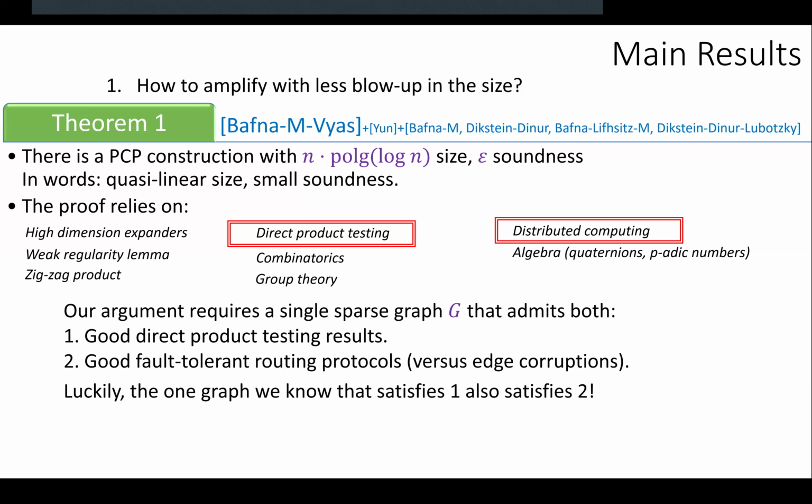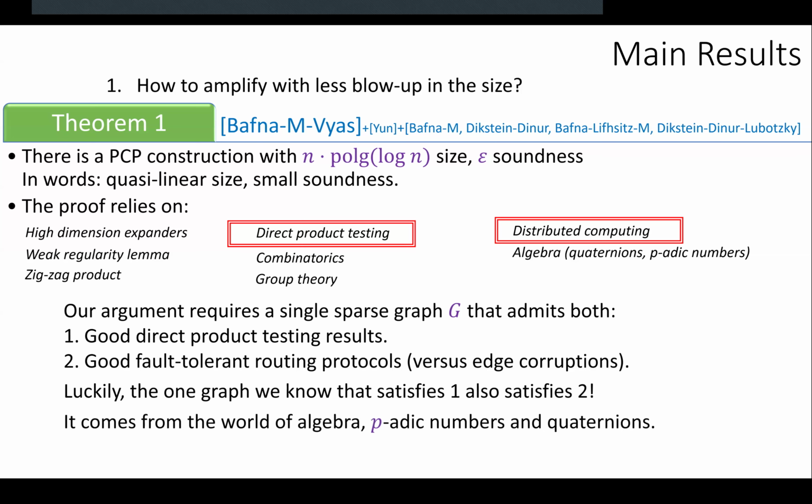So this is very lucky. Again, this starts with algebra, and this idea comes from the work of Chapman and Lubotzky, and the graphs that we consider are variants of this.